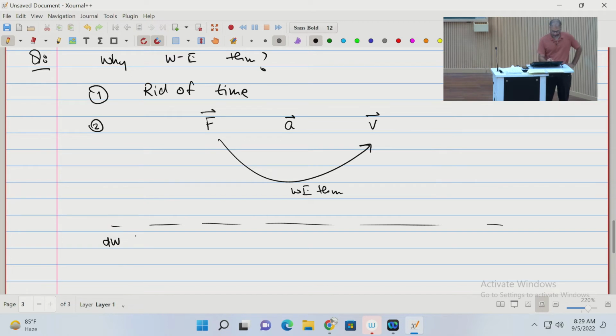So this dW, that's the small amount of work done in a small step, is F dot dr, and F has two components here. If you think of the nt coordinates, one is a tangential component, and one is a normal component.